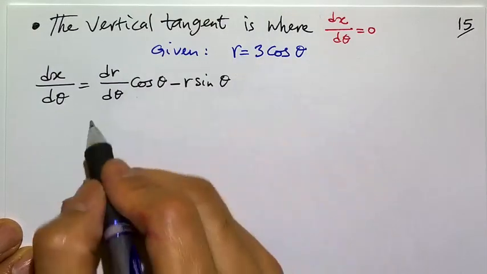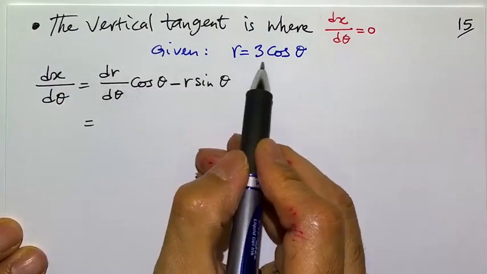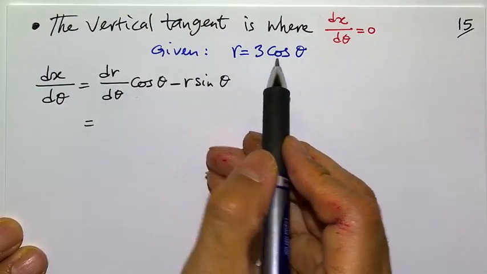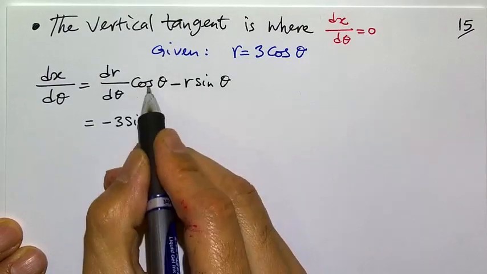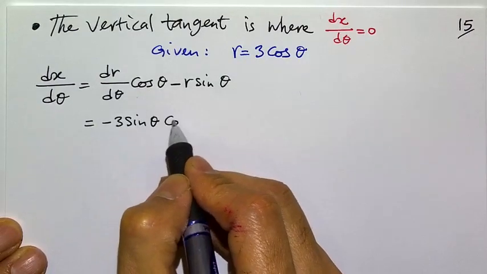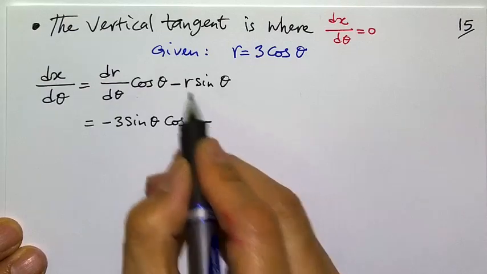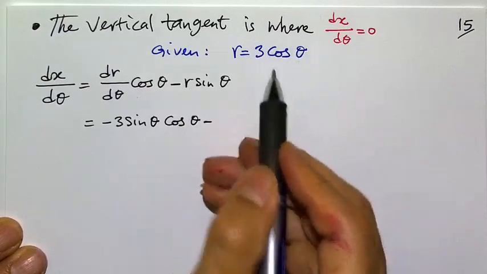Okay, so dr d theta, again, would be minus 3 times sine theta. Cosine theta is cosine theta, minus r is 3 cosine theta.